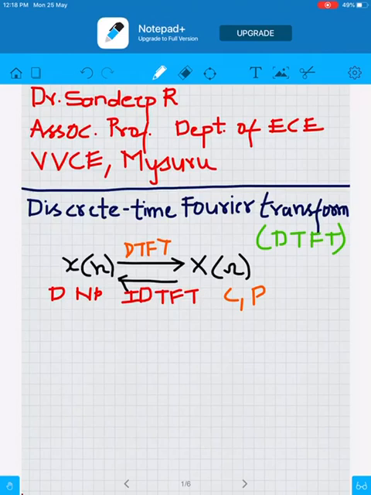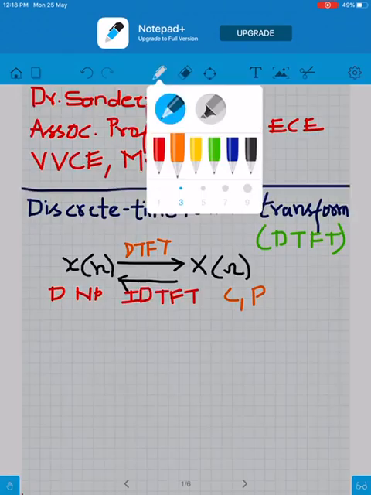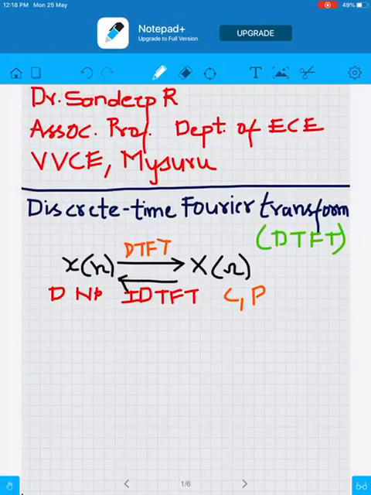Now if I want to get back x of n from x of omega, then I'll apply inverse discrete time Fourier transform on x of omega to get back x of n. So please observe, x of n is discrete and non-periodic, whereas x of omega is continuous and periodic. The equation used to obtain x of omega from x of n is called the forward transformation equation or the analysis equation.